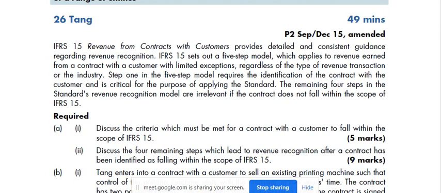Once the control has passed to the customer, then and only then can you recognize the revenue. Okay. So control has to pass, and control passes when the benefits and the risks have been transferred to the recipient or to the buyer. Then and only then can you recognize the revenue.